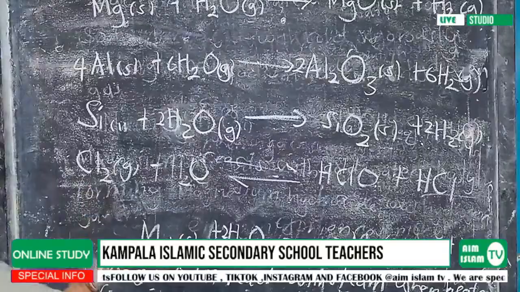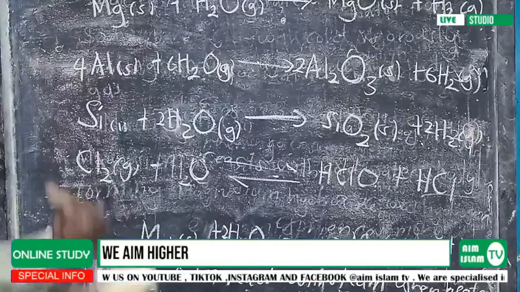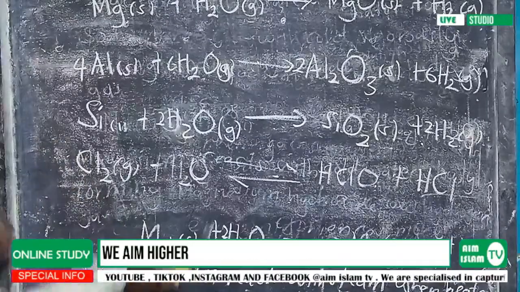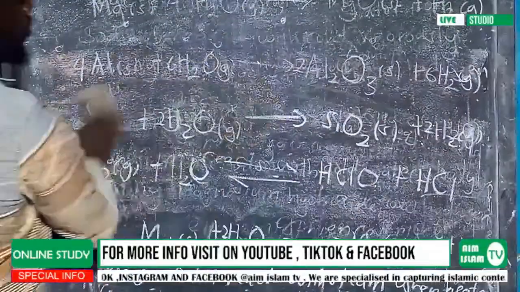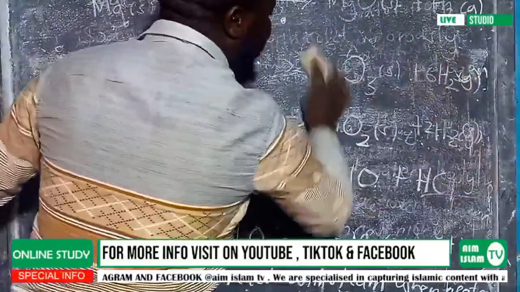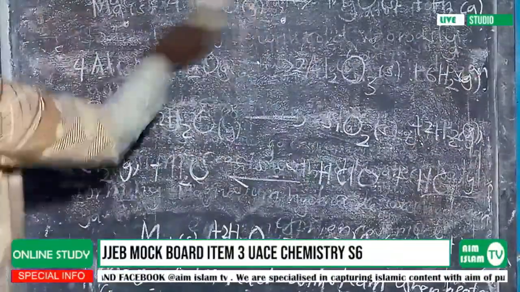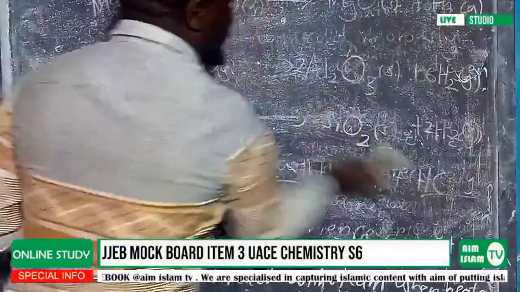Don't just say forming, they are chlorides. You're supposed to mention the names of those chlorides: sodium and magnesium react with dilute hydrochloric acid, forming sodium chloride and magnesium chloride.